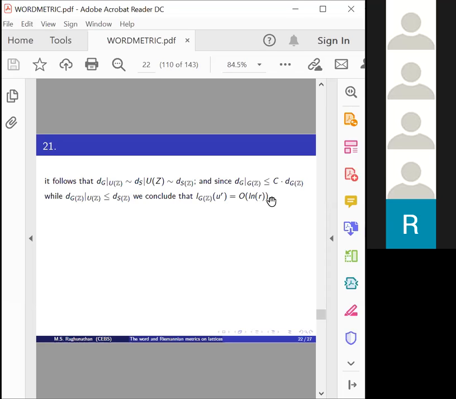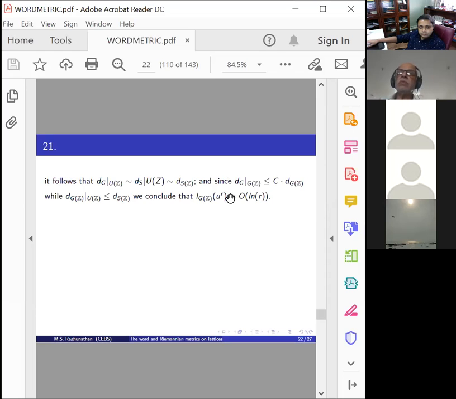See, this is one of the things I stated. If you remember, for a unipotent element, the word length in GZ increases like the logarithm of the norm of the element u power r as r goes to infinity. So this follows for now for elements in UZ.